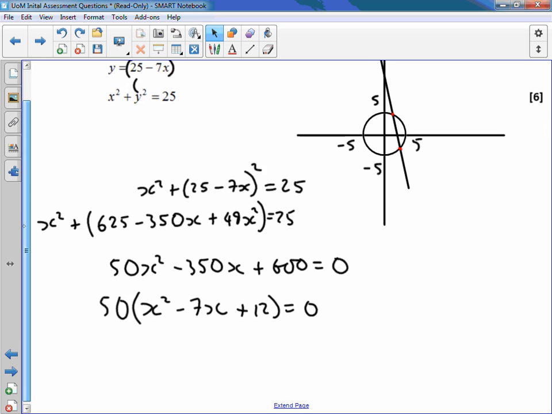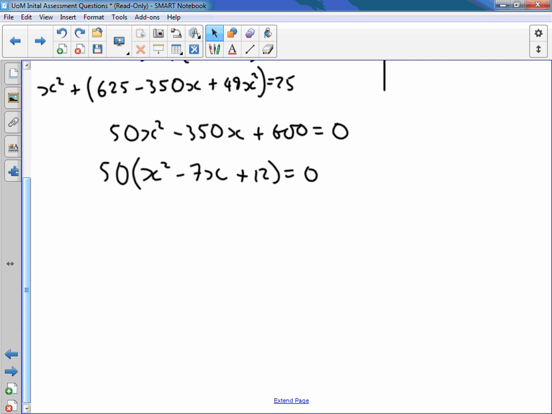So then divide through by 50. My left-hand side becomes x squared minus 7x plus 12. And 0 divided by 50 is still 0. So I just need to solve that.